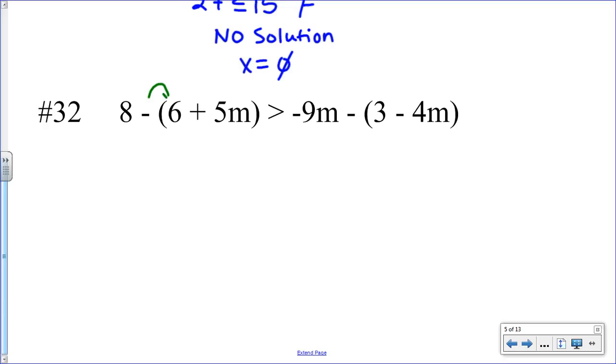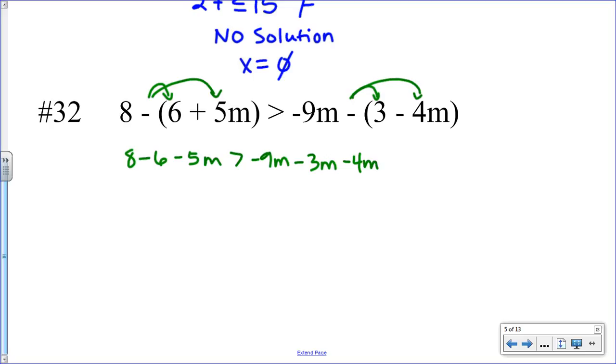So this one, I need to distribute the negative. And I distribute the negative on the right as well. I need to combine like terms. So on the left, 8 and negative 6 are like terms.